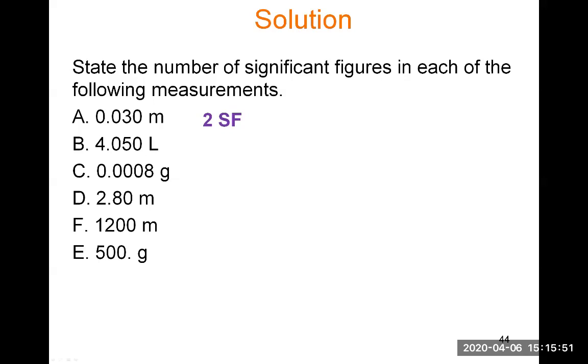So the 4.050, they are all significant digits. And this measurement would have 4 significant figures. So make sure to understand that this 0 to the right is significant because we see the decimal point.